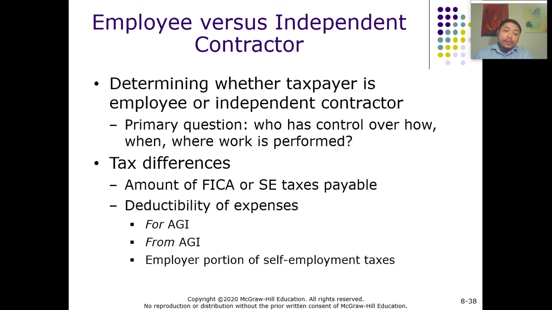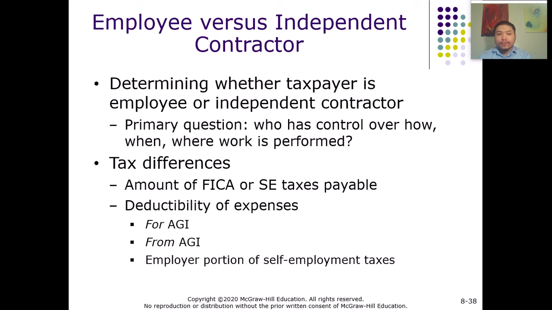Another reason why it is important to be able to differentiate between the statuses, between employee and independent contractor, is the tax treatment, the calculation of the deductibility of the expenses, right?